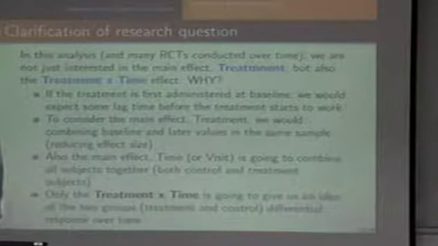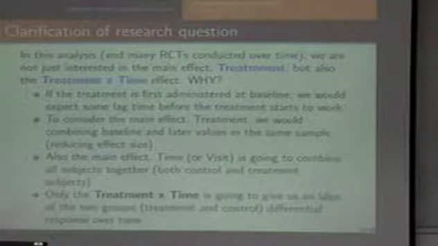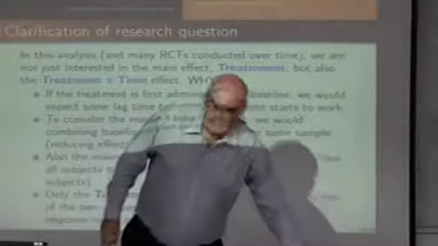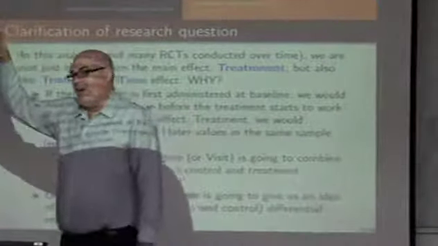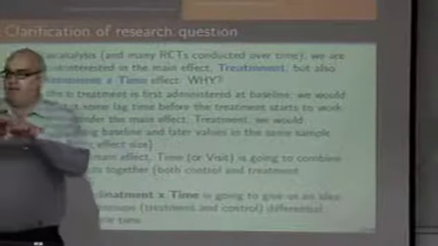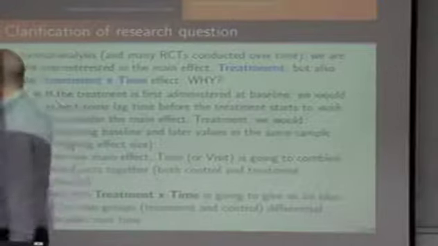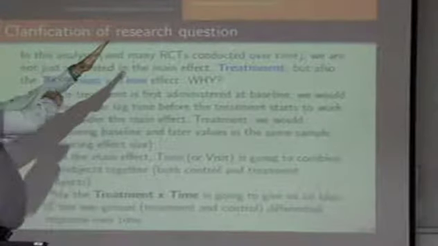A successful one. Let's assume that a Y variable going up is good. So placebo, flat, and treatment group, I'm going to make sure I get the right way around, treatment group going up like that.